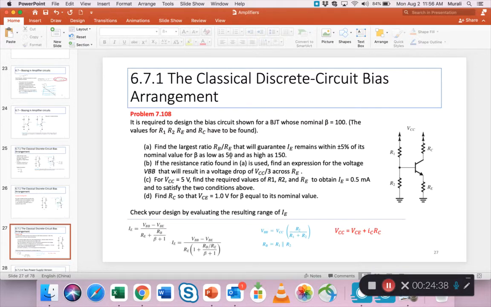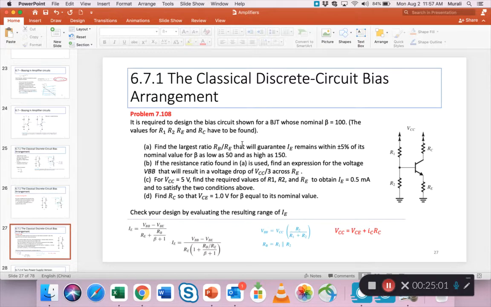So even if the range is this high, we need to find the appropriate values of the resistances so that the bias current stays within plus or minus 5%. It should not vary more than plus or minus 5%.